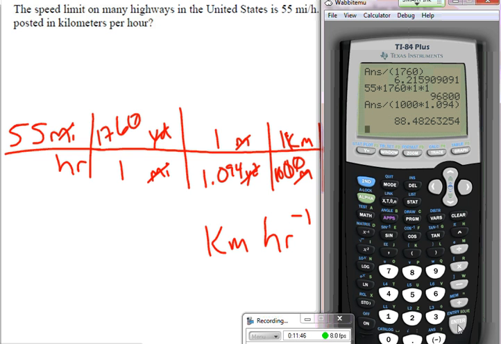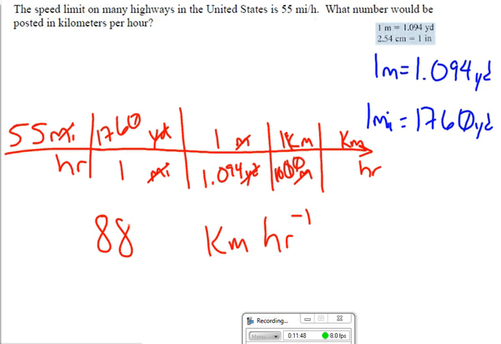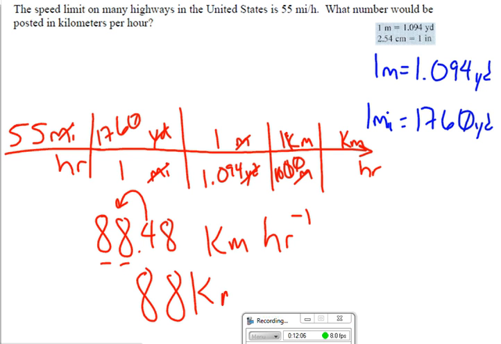We get 88 kilometers per hour. 2 significant digits. This 8 doesn't push up that 4 because that's cheating. You can't double round. So this 4 is actually not enough to push up that 8. So this is just 88 kilometers per hour.